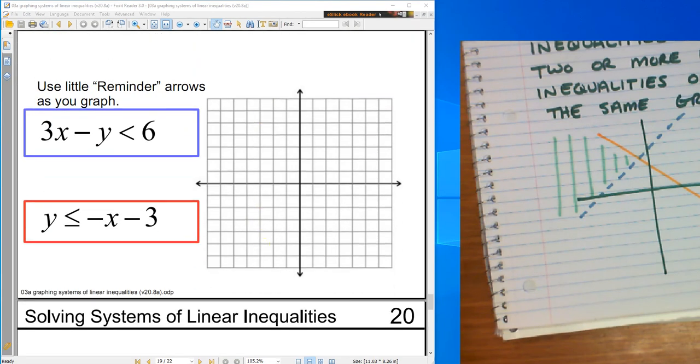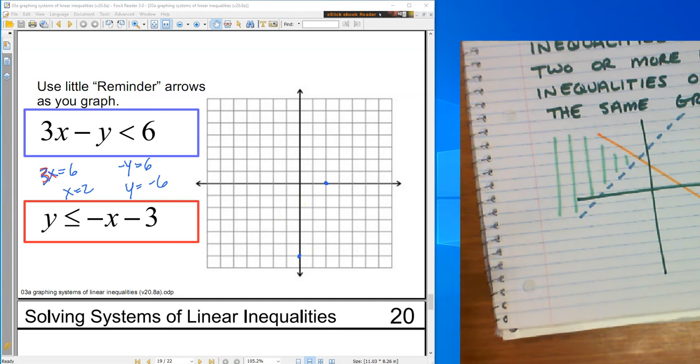Similar idea. Oh, let me do blue. 3x equals 6, negative y equals 6, x equals 2, y equals negative 6, 1, 2, 3, 4, 5, 6.